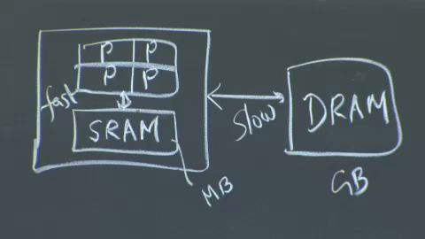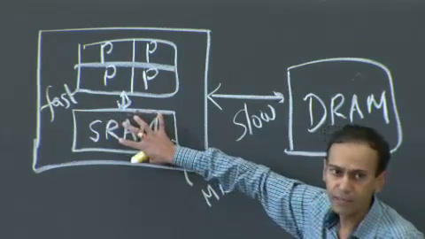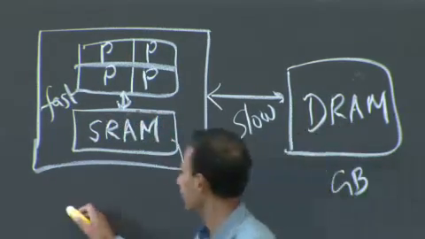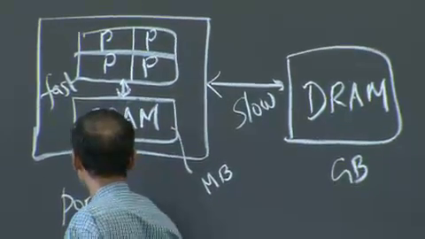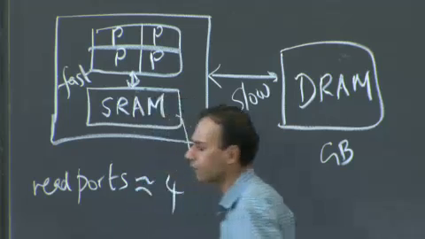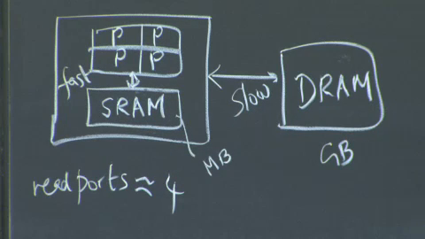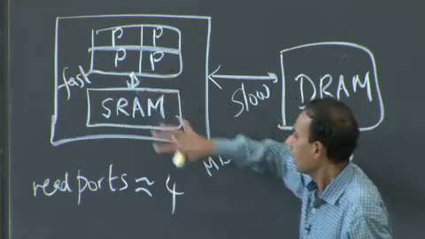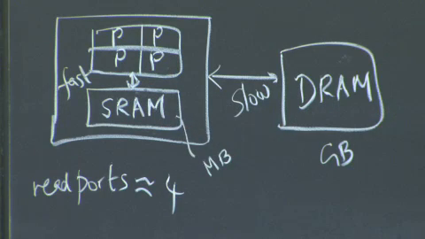If you try and make a large SRAM, which is megabytes long, the number of read ports in the SRAM is roughly of the order of 4. And after that, it's kind of hard to build. So this architecture isn't going to be sustainable beyond 4, 8, maybe 16 cores.